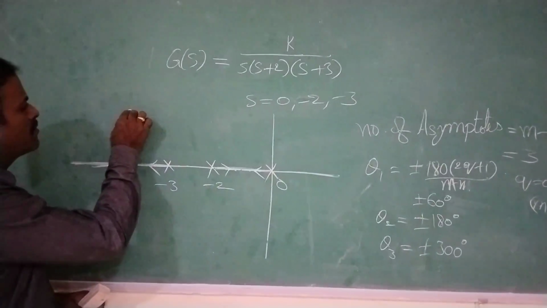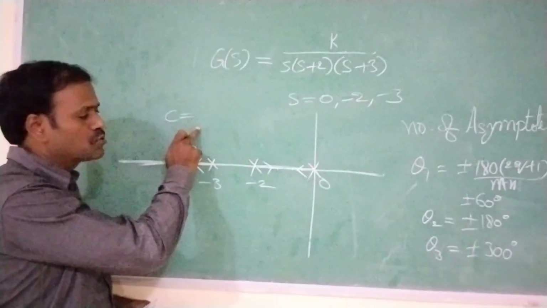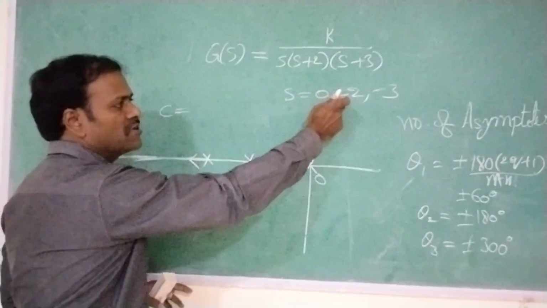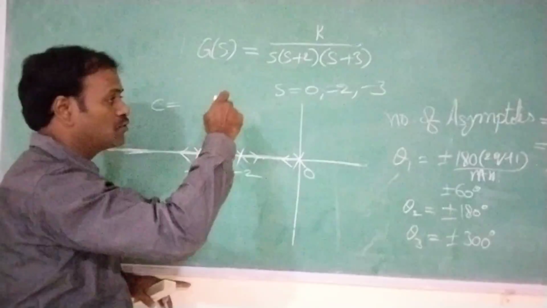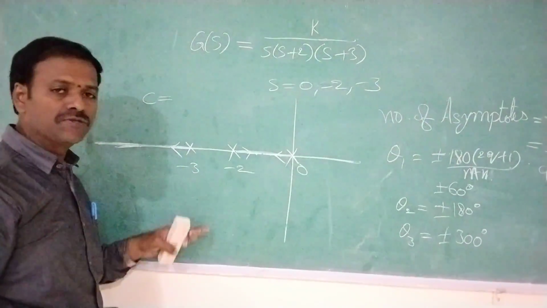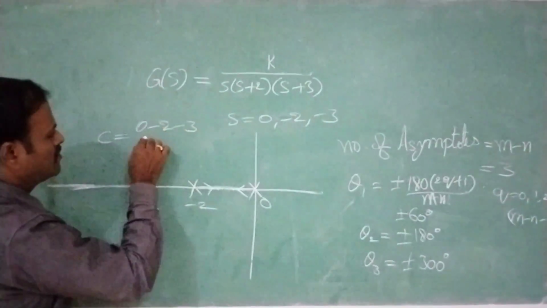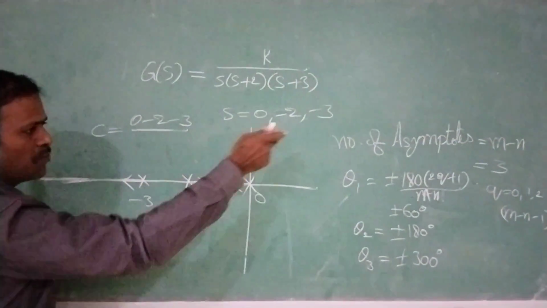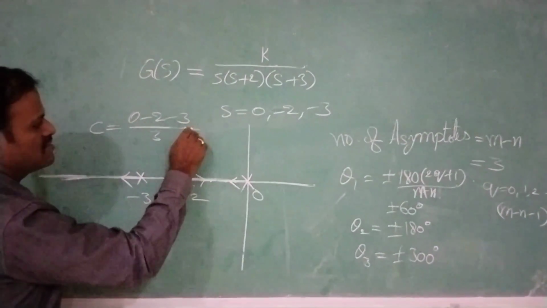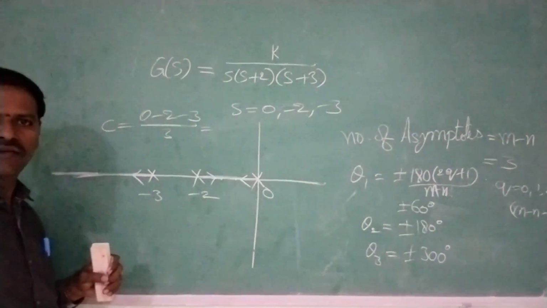For the centroid, the formula is C is equal to the sum of the real parts of poles minus the sum of the real parts of zeros divided by number of poles minus number of zeros. So for that, we will get divided by number of poles minus number of zeros, which is 3. That is minus 5 by 3.